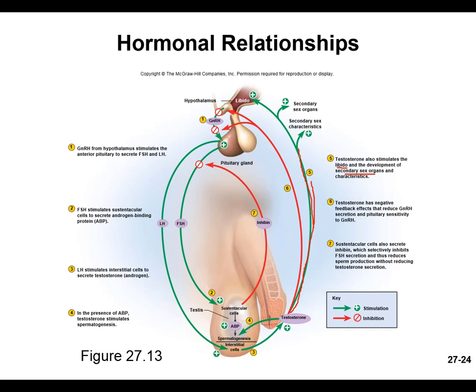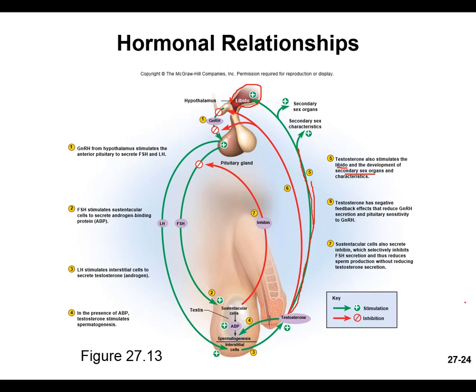Testosterone will have a negative feedback effect, and what that means is now we've created the testosterone, the hypothalamus can detect it and say, guess what? We've done our goal. We wanted to have testosterone, and now we have it. So this is a negative feedback mechanism to reduce gonadotropin-releasing hormone secretion, and also the pituitary being sensitive to it.